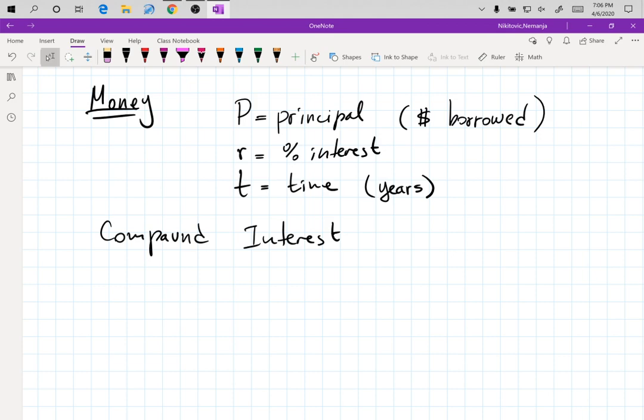Interest of 4% means that every month that you didn't return the loan, 4% is added to the pile you owe. Right? We'll do the mathematics of that. When you go to a restaurant, you leave a 10, 15, 20% tip. So what?